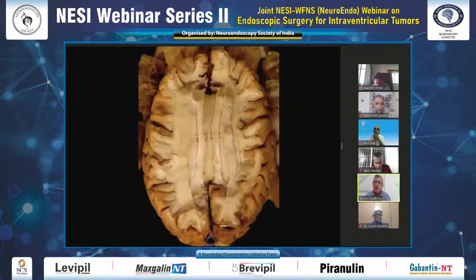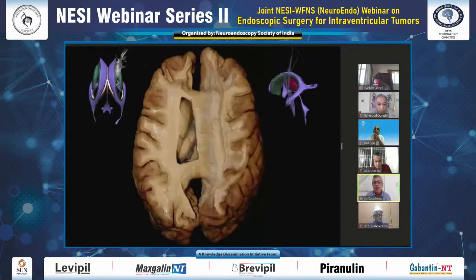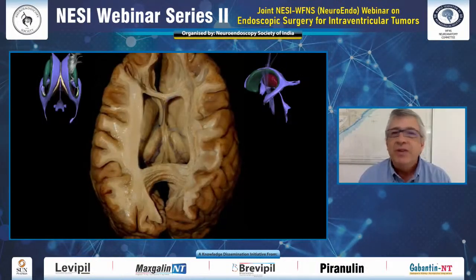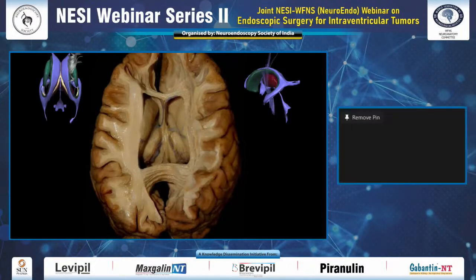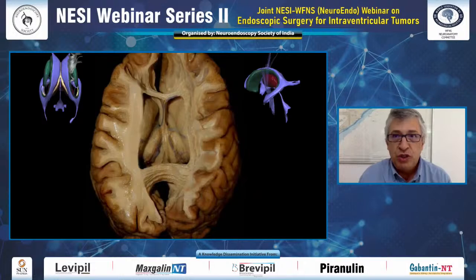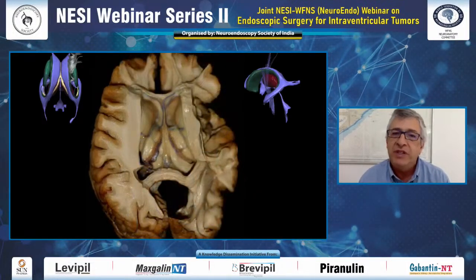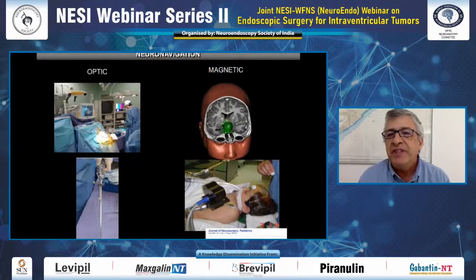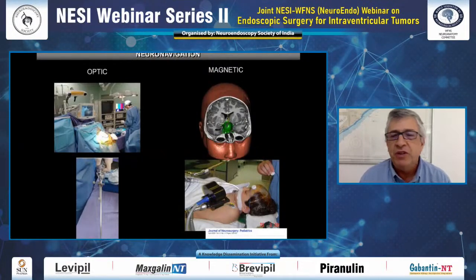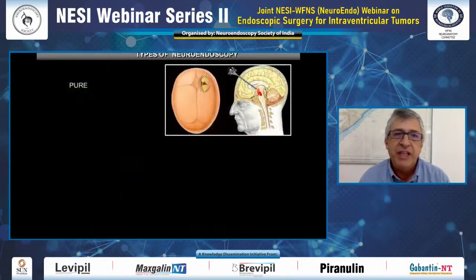Of course, all the time I need to go into the intraventricular cavity. You need to pass through normal structure. So the strategy to arrive in the ventricle should be very carefully studied before going in. If the intraventricular cavity is small, you can use two kinds of neuronavigation, optic or magnetic. Normally, in small children, I prefer the magnetic navigation.